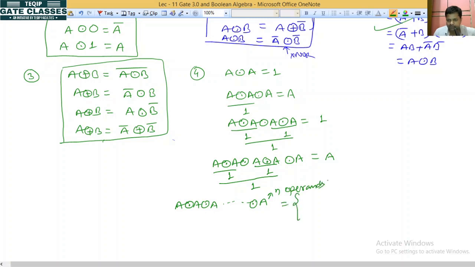If we have an odd number of operands, then the output is A. If we have an even number of A, then the output is 1. So the output is 1 if n is even, and if n is odd, then it will be A.